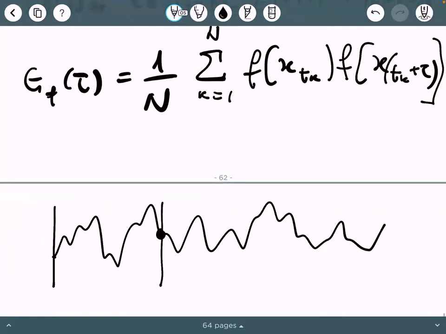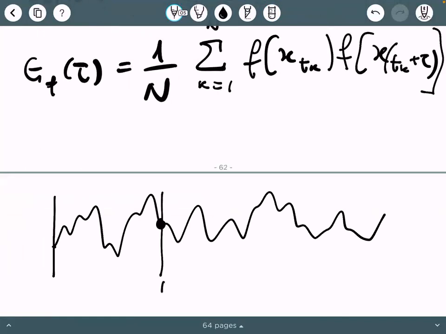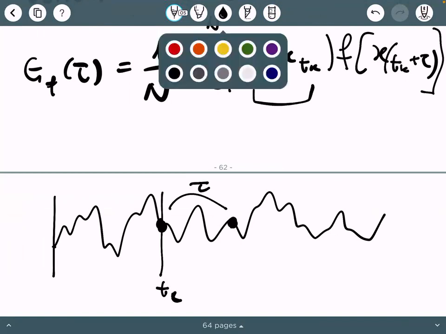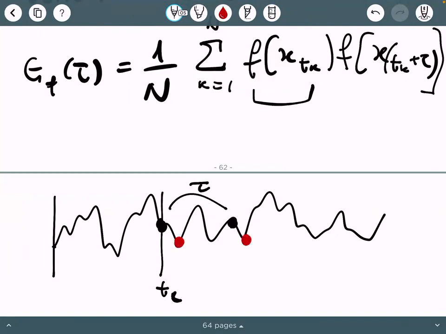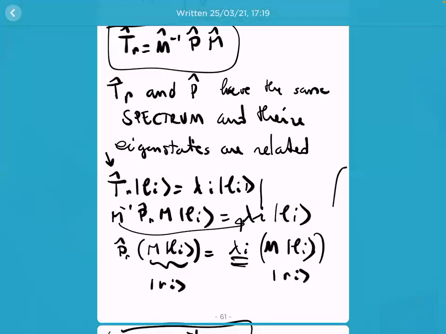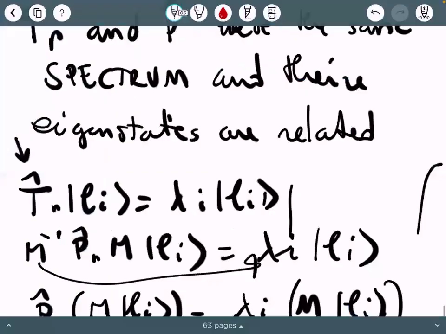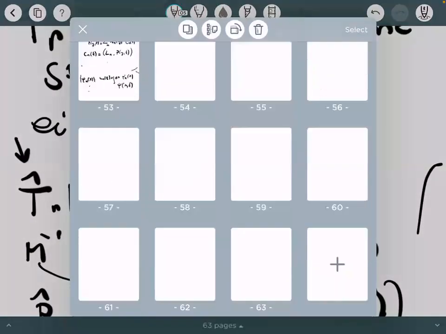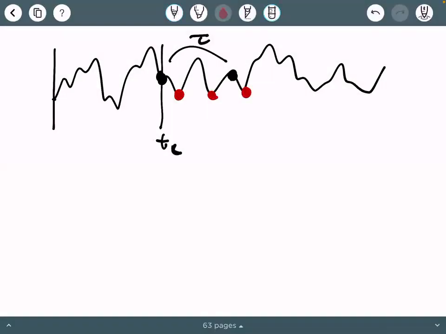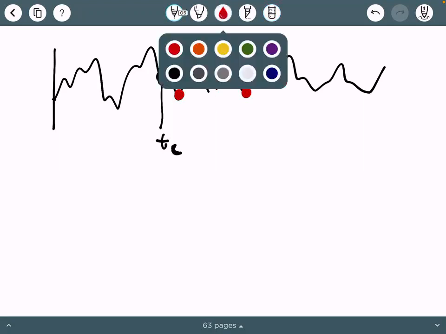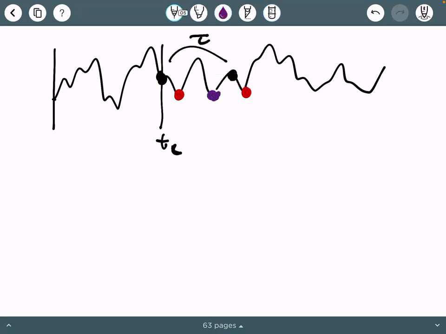I'm selecting a time tk, and I'm correlating the function f evaluated on the trajectory at the distance tau, and I'm repeating this for n different times.